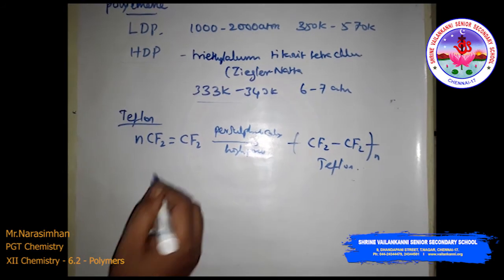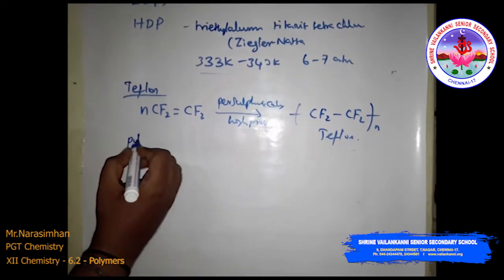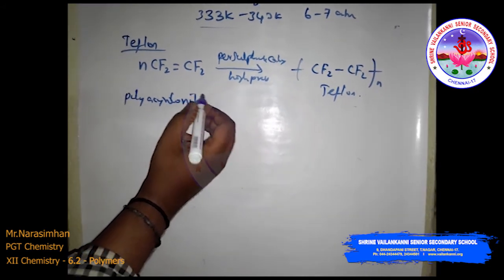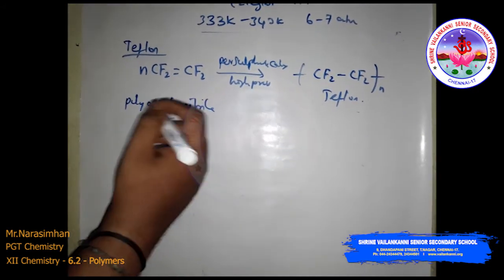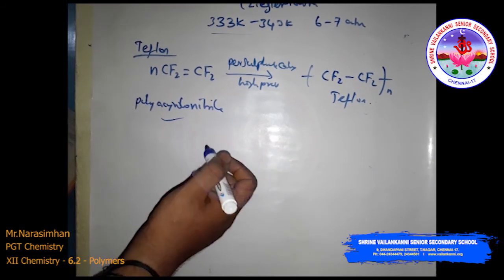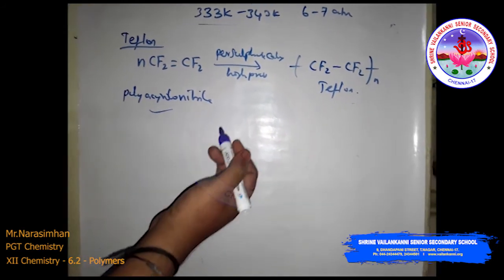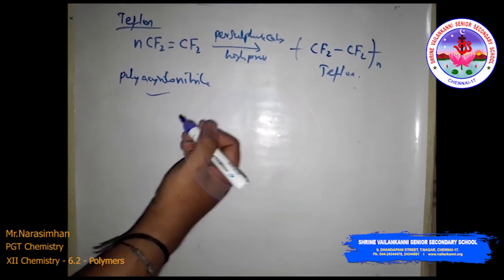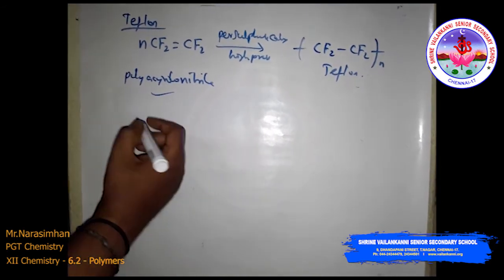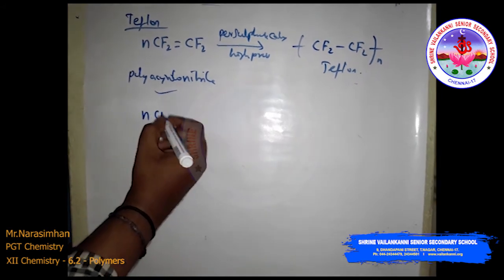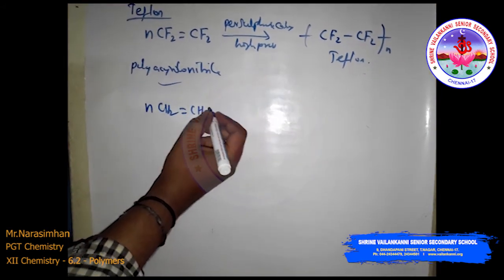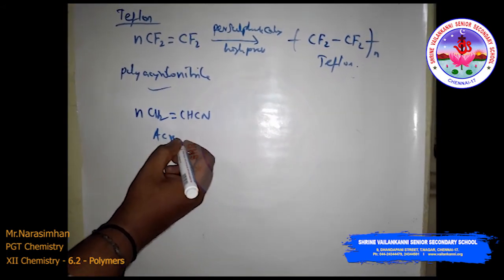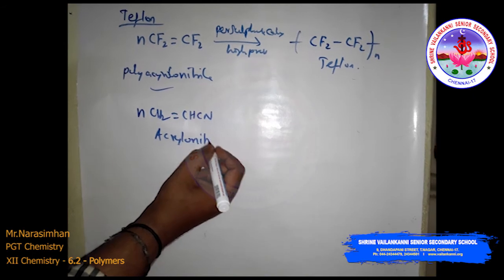Then polyacrylonitrile. The addition polymerization of acrylonitrile in the presence of a peroxide catalyst leads to formation of polyacrylonitrile. For example, CH2 double bond CHCN. This is acrylonitrile.